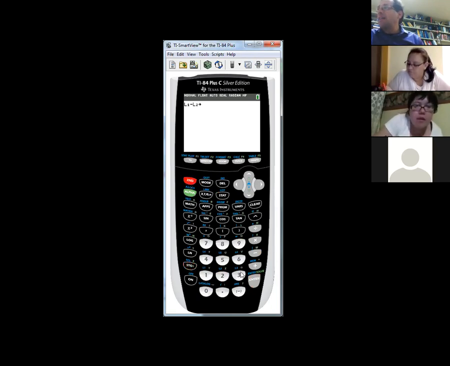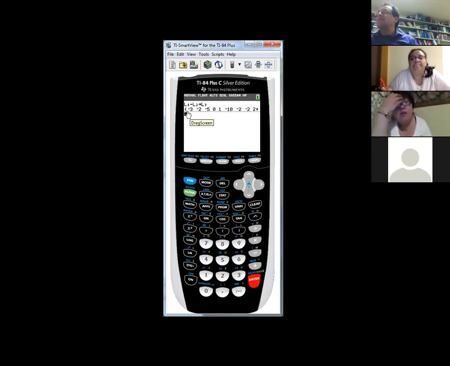And I'm going to go second 3. So what I'm going to do is store the differences into L3. And I hit enter. And notice it just gave me the differences. 14 minus 17 was -3. 23 minus 25 was -2. Those were the numbers. This is the data of differences. Any questions on that?